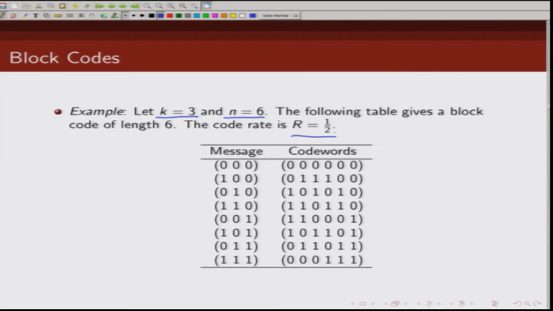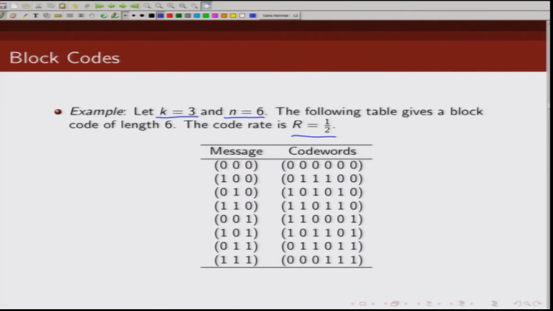What we have here are our message bits. Now, k is 3, that means there are 2 raised to power 3, which is 8 code words, and the messages are from 000 to 111. Corresponding to these 8 message bits, these are the 8 code words.